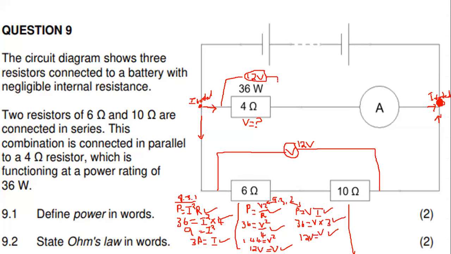I calculated it. So because these are not potential dividers, they only divide the current. All the electrons that went through there, they had 12 volts. So all those that will go through there, they will have 12 volts. So when they come in having 12 volts, remember, they have the 12 volts, most definitely 12 volts.